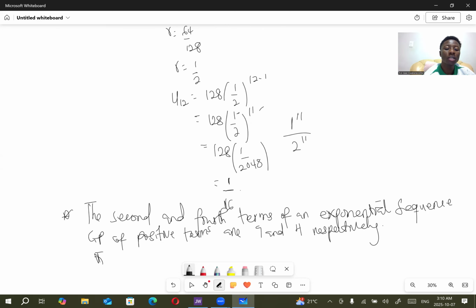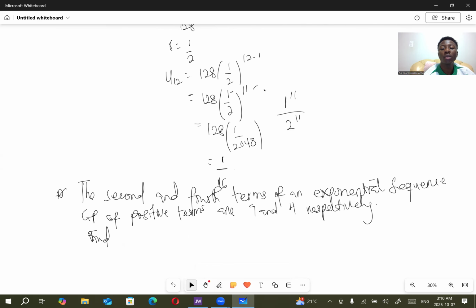Fine. So this is exactly what we were doing in AP, arithmetic progression. It's the same thing. Find a, the common ratio.